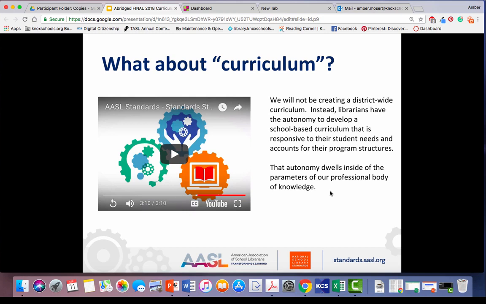If we're operating within the parameters of our professional body of knowledge, then these statements that I just made become less and less of an issue, because our professional body of knowledge, the AASL standards, and some of the research behind it tells us that students can and should do these things.